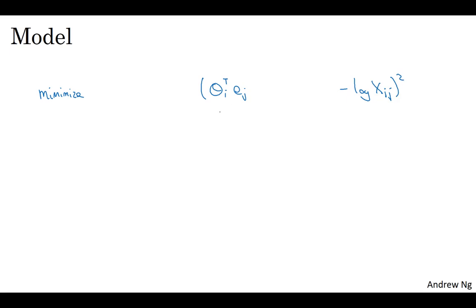But again, think of i and j as playing the role of t and c. So this is a bit like what you saw previously with theta_t transpose e_c. And what you want is for this to tell you how related are those two words. How related are words t and c? How related are words i and j, as measured by how often they occur with each other, which is affected by this X_ij.